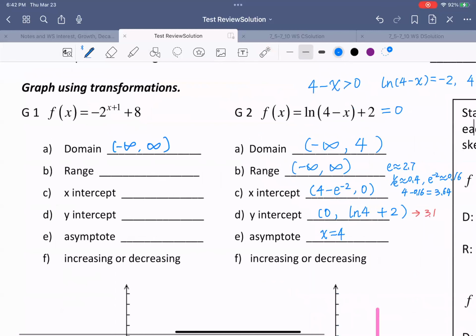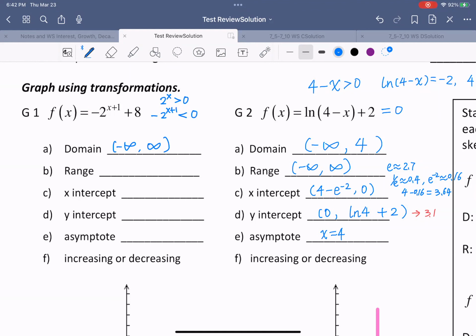Look, 2 to the power of x is always greater than 0. When you have a shift to the left, or to the right, it will not change your range. And when you put this negative, this will be less than 0.